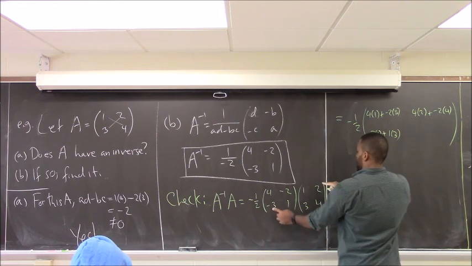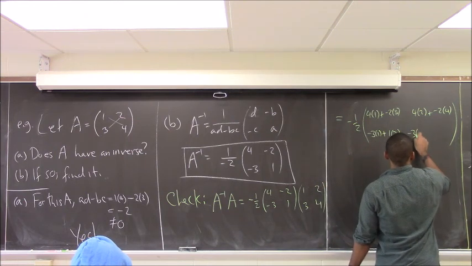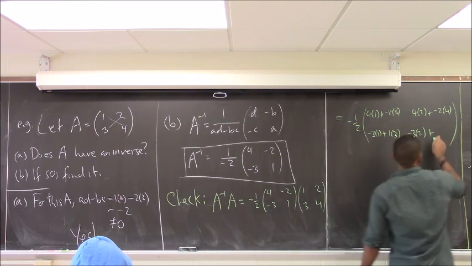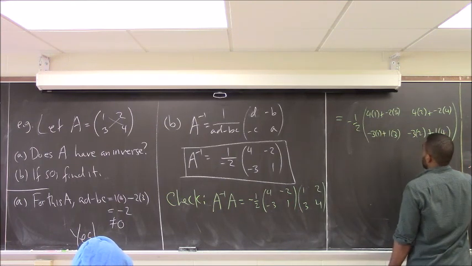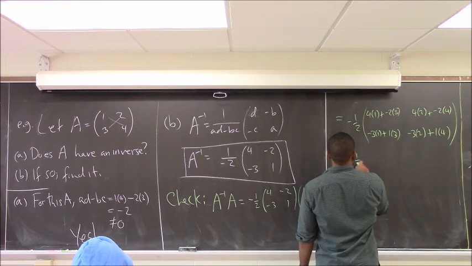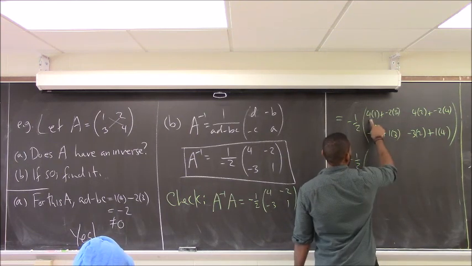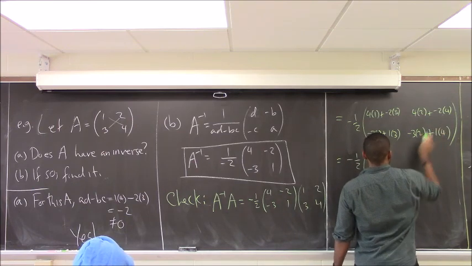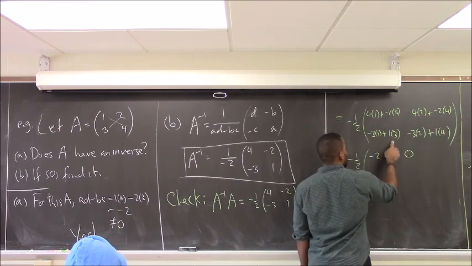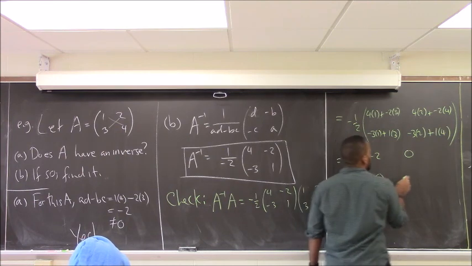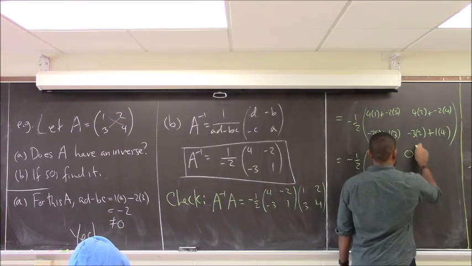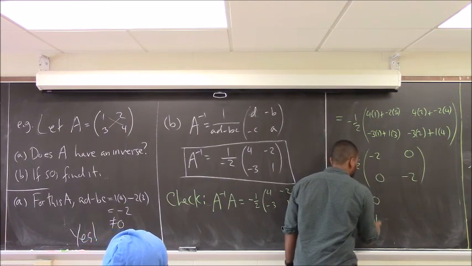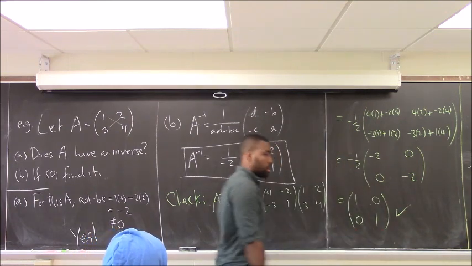Then we're going to have minus 3 times 2 plus 1 times 4. It's going to be minus 1/2. In the top, I'm going to have 4 minus 6, 8 minus 8, minus 3 plus 3, minus 6 plus 4. Now if you multiply in, you get 1, 0, 0, 1. So it works. That's the inverse.